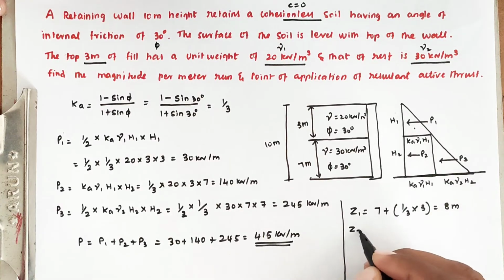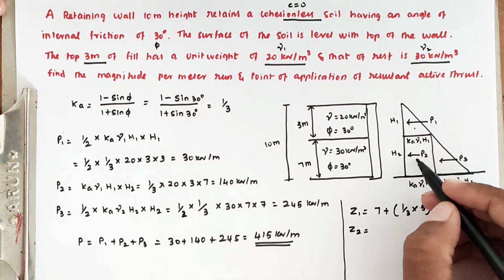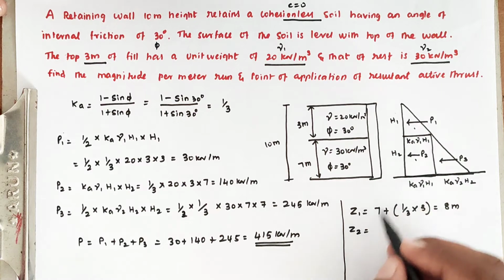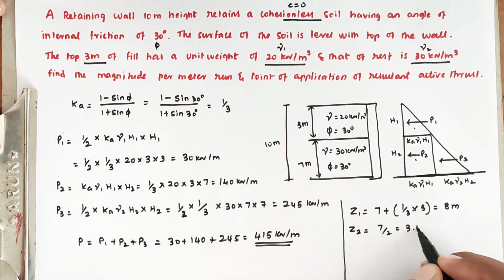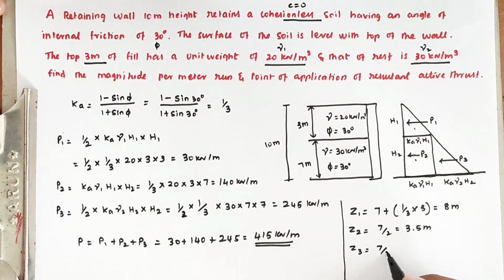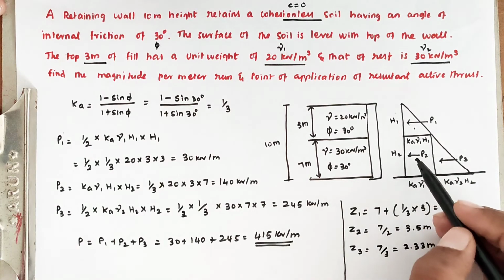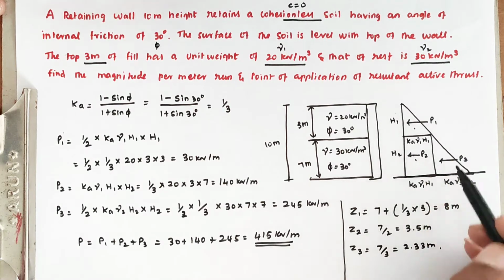Second is Z2, the total distance divided by 2, so 7 by 2 is 3.5 meter. Then Z3, the distance into 1 by 3, so 7 by 3, and we get the point of application of 2.33 meter. These are all the distances at which the forces act.